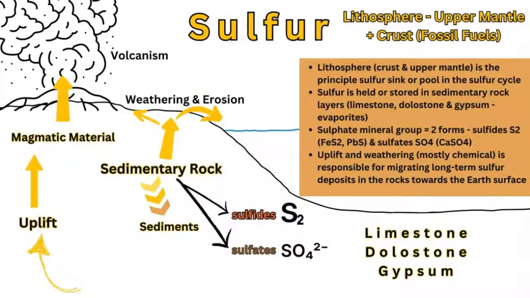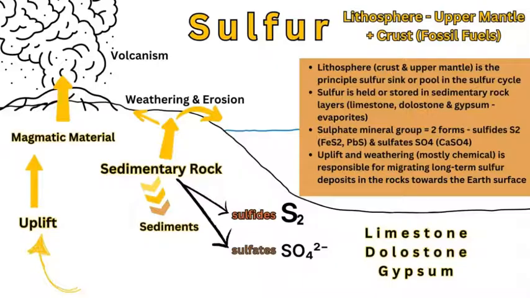Our sulfur cycle begins in the largest quantity of sulfur in the sink or reservoir, which is the lithosphere, the upper mantle and the crust, both the ocean floor and the terrestrial continents.